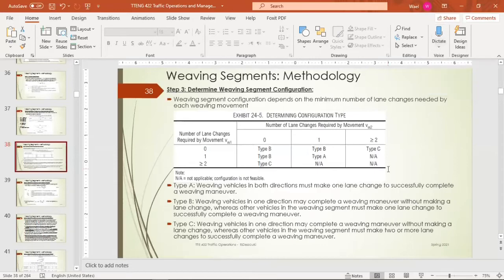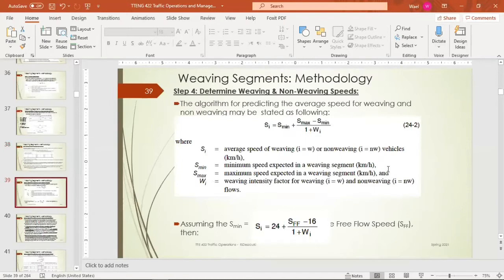Okay, then once we are done, we have to determine the weaving and non-weaving speeds. In order to do that, there's the equation: S_i, the average speed of weaving or non-weaving, depending, is basically S minimum plus S maximum minus S minimum divided by 1 plus weaving intensity.